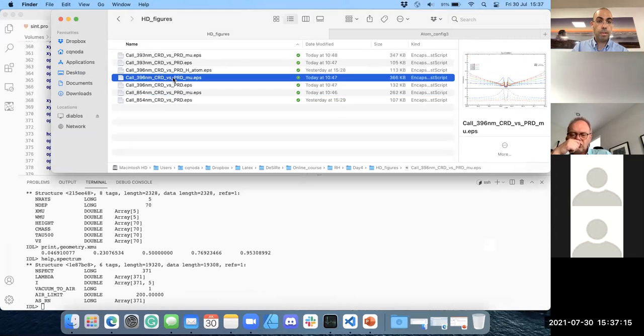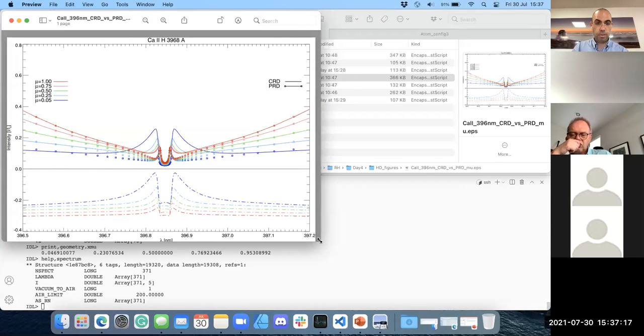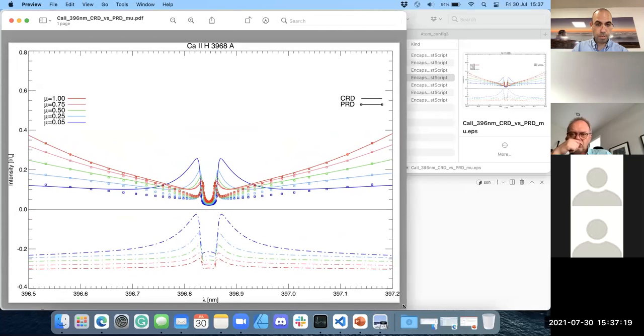So for example, calcium H. Now here things are much more different, right? Again, these colors correspond to a specific heliocentric angle. So we have close to the center, close to the limb, and then squares and solid are PRD or CRD.